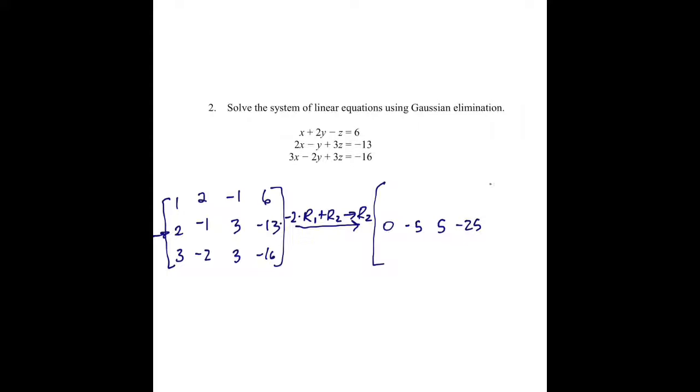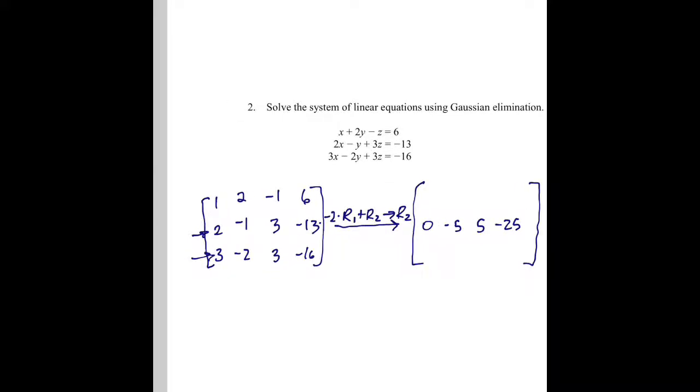That's negative 25. I also need to get a 0 right here, so I'm going to also multiply row 1 now by the opposite of 3, which is negative 3. Add it to row 3 to make a new row 3. So that's going to be 3 plus 1 times negative 3, which is 0. And then negative 2 plus 2 times negative 3, that's negative 2 plus negative 6, which is negative 8.